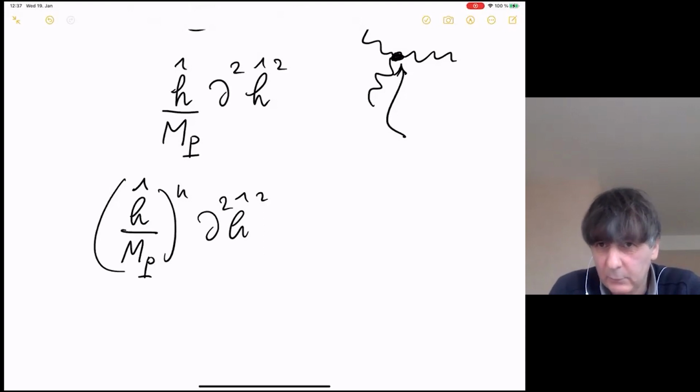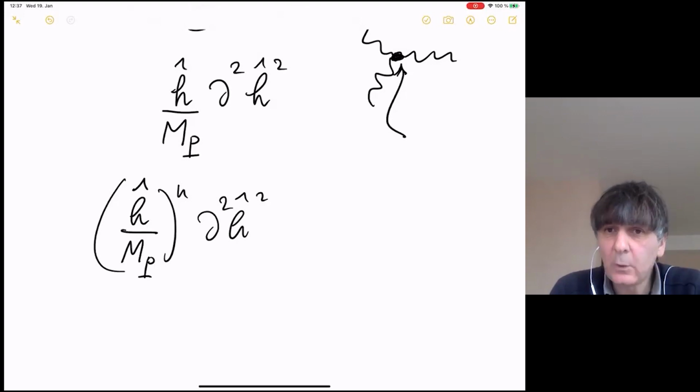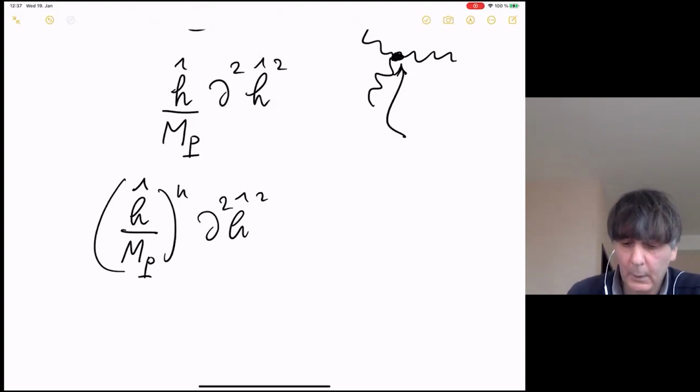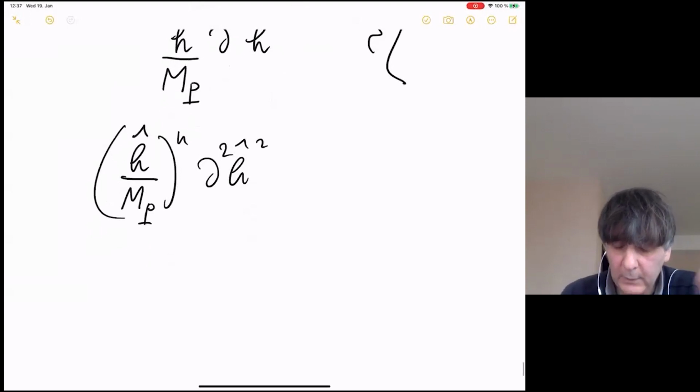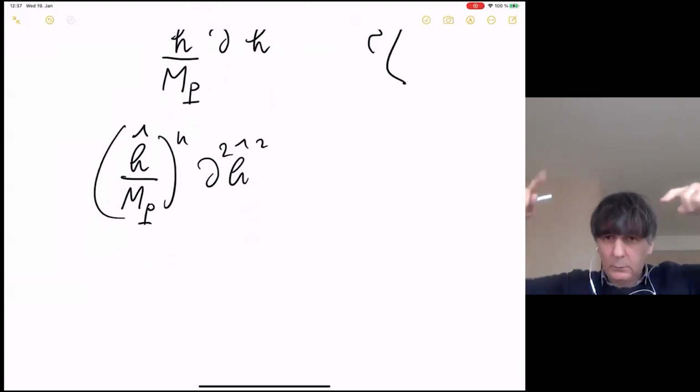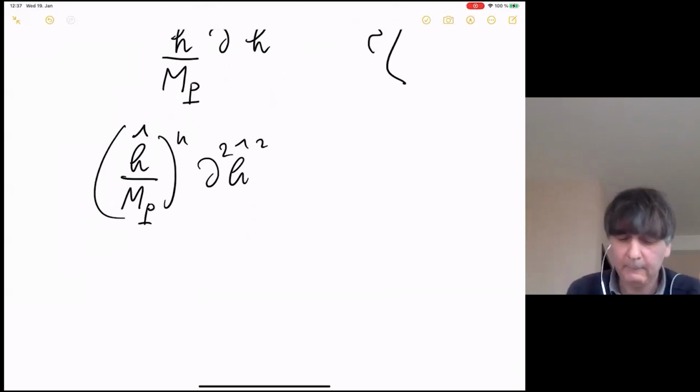You can trade Planck mass for Newton's constant, but there is an h bar there. Planck mass is a quantum object, like Planck length, as we said. Newton's constant is not; it doesn't contain any powers of h bar. So for the quantum coupling, it's customary to define the 4-point interaction as a reference point.